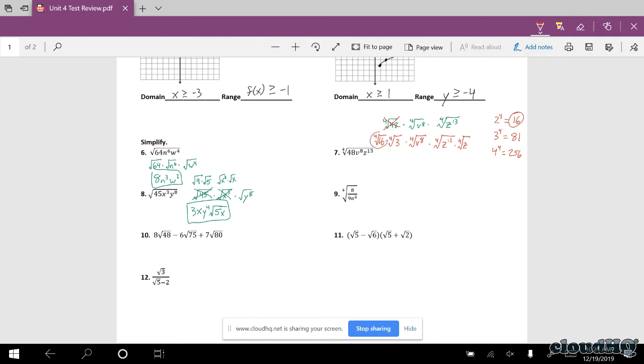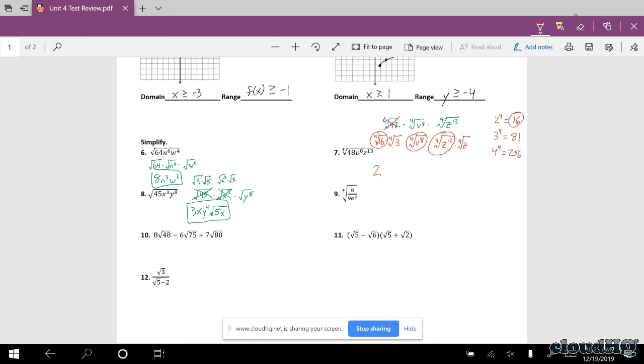I'm going to circle the ones that simplify. 4th root of 16 is going to simplify. 4th root of v to the 8th is going to simplify. 4th root of z to the 12th is going to simplify. The 3 and the z are not. Okay, so let's simplify each of those 3. What is the 4th root of 16? 2. Remember, it's not a square root, it's a 4th root.